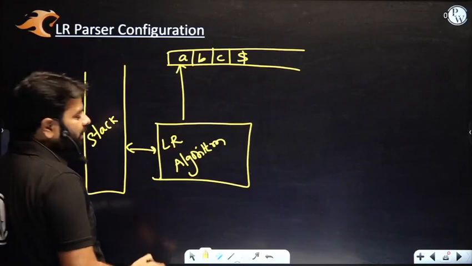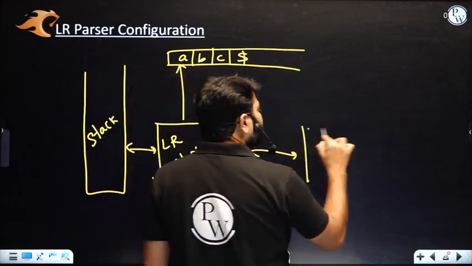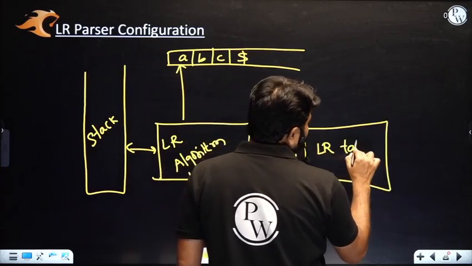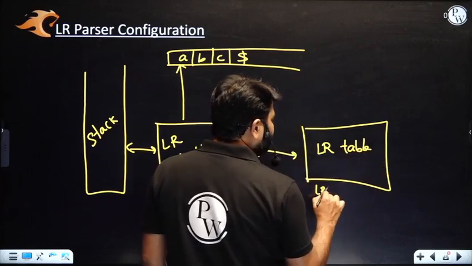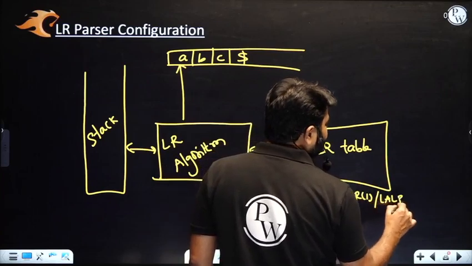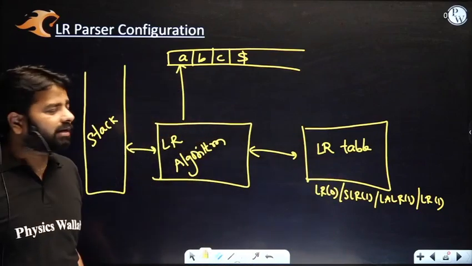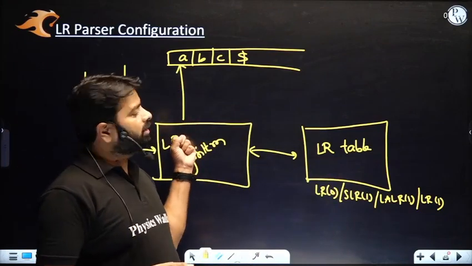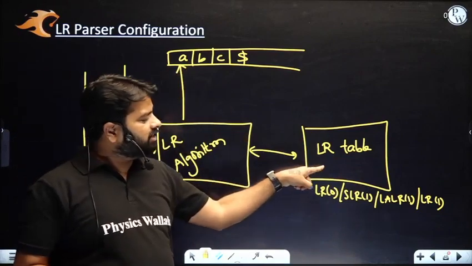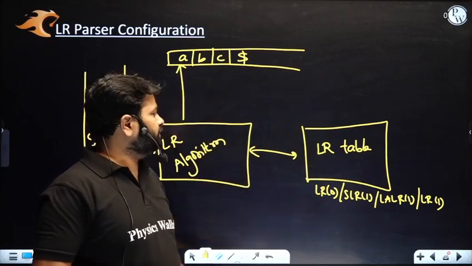Simply you say reverse of RMD. And here the table will change from parser to parser. This LR table could be an LR0 table, SLR1 table, LALR1 table, or LR1, CLR1 table. The table keeps changing from one grammar to another, but the algorithm is the same for all. There is no change here. The input you give, with the help of this table, it's going to parse and verify the syntax of this input.